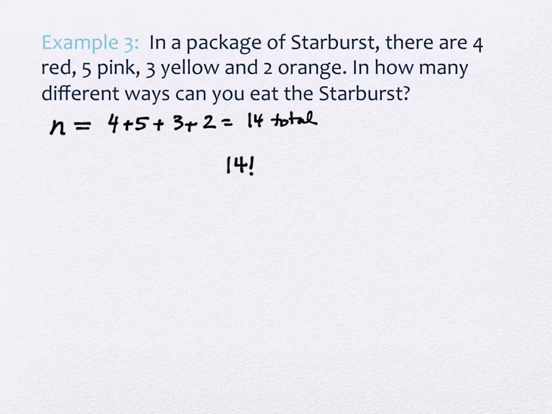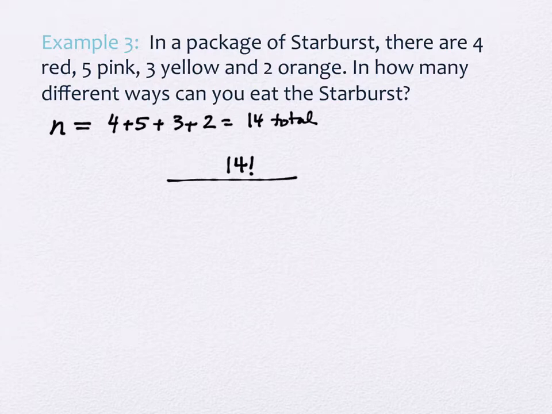If I wanted to know how many different ways I could eat the Starburst, I would multiply 14 times 13 times 12 all the way down to 1. But some of those don't make any difference. It doesn't matter if I eat red Starburst 1 first or red Starburst 2 first. They're both red Starbursts. They're not distinguishably different. So it's almost like you're removing those pieces by dividing by them.